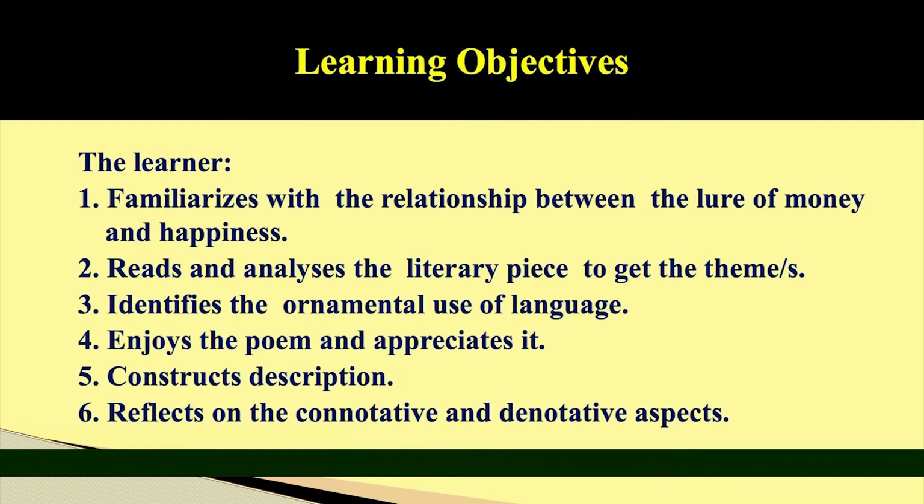The learner familiarizes with the relationship between the lure of money and happiness, reads and analyzes the literary piece to get the theme, identifies the ornamental use of language, enjoys the poem and appreciates it, constructs description, reflects on the connotative and denotative aspects.